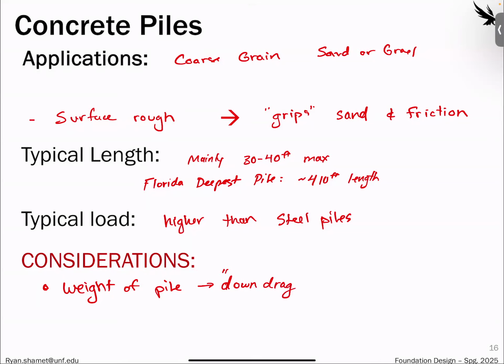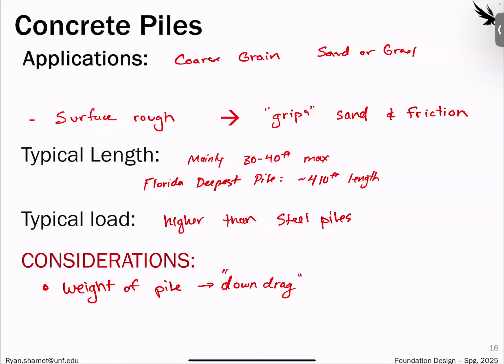And this is a whole thing where if you work in geotech and especially DOT projects, they make you count this, the negative friction or the down drag, where the weight of the pile is actually so much that it mobilizes the soil and induces settling just because of the weight of it. So that's one of the things you have to consider with some of these larger concrete piles. And then also the driving requirements.